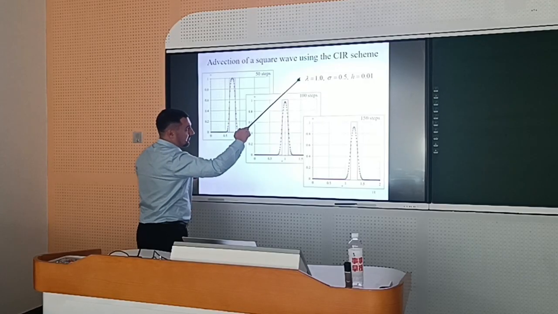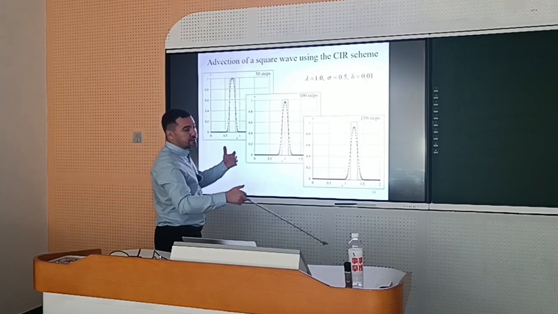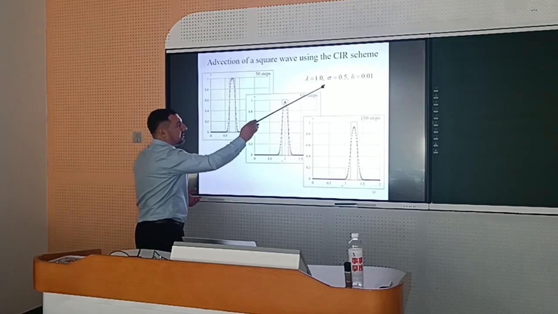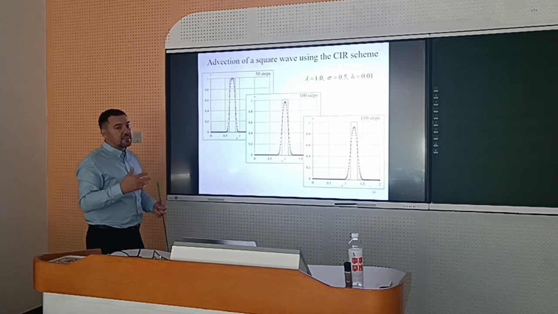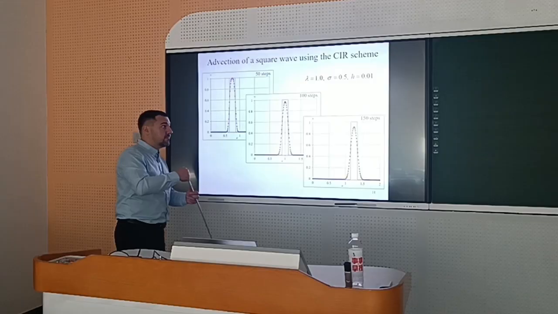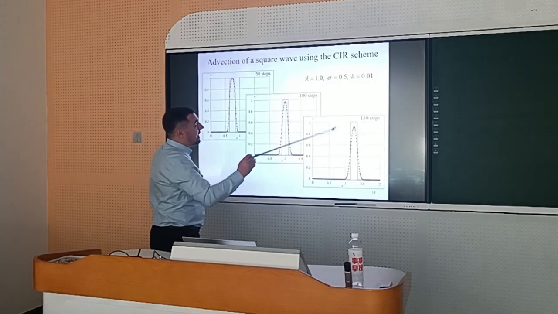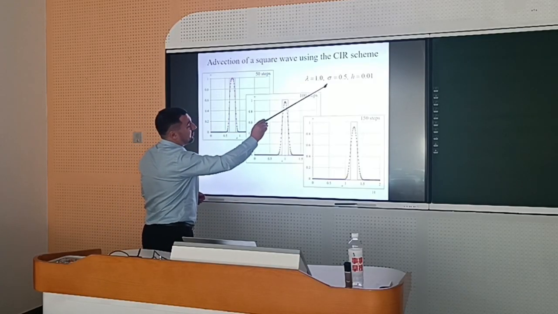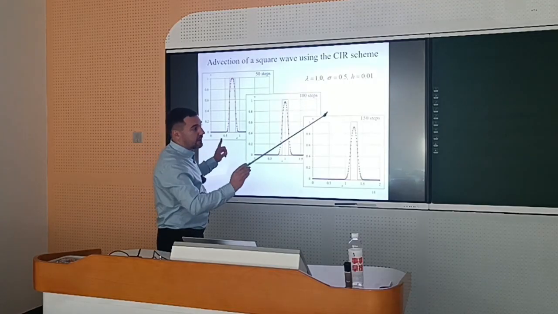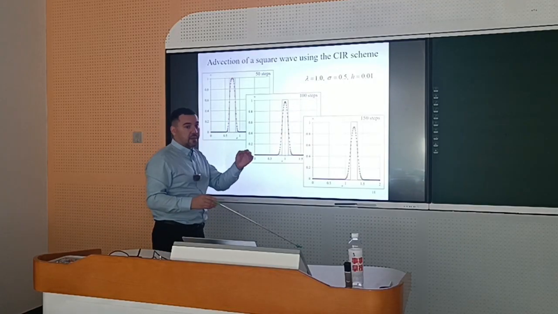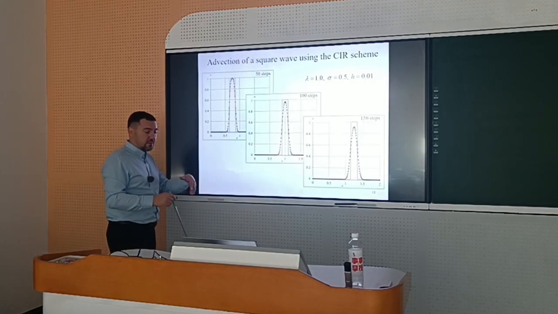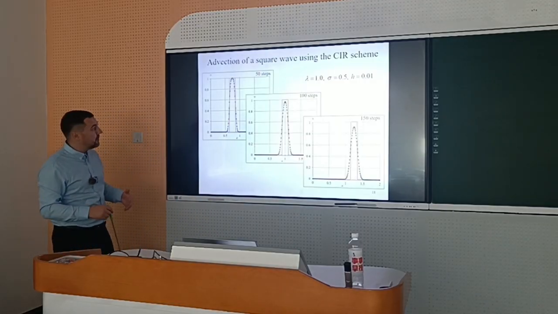Lambda is fixed, h we have chosen some value. It means that sigma equals 0.5 determines our time step. And the CFL condition, I can remind you, is that sigma should be between 0 and 1. So this value is okay, and our numerical scheme should be stable.